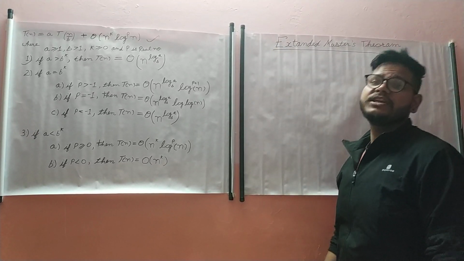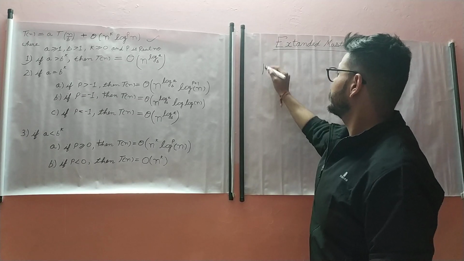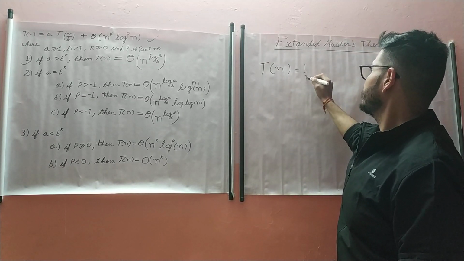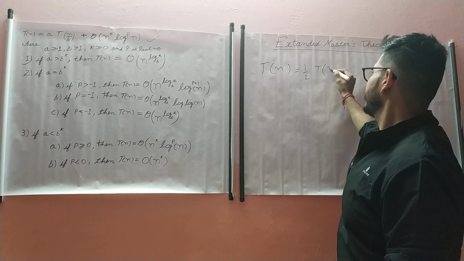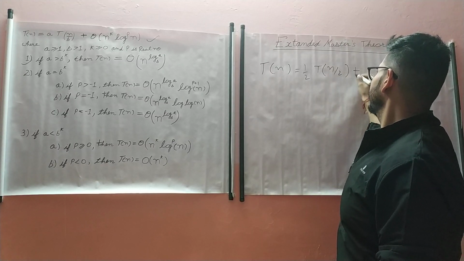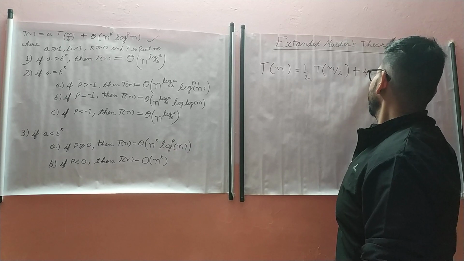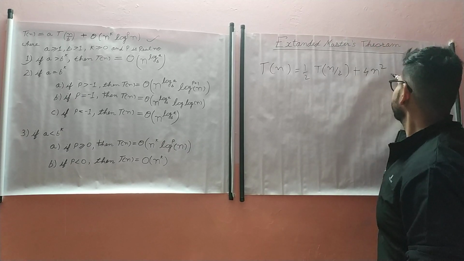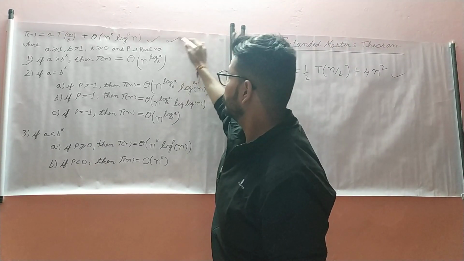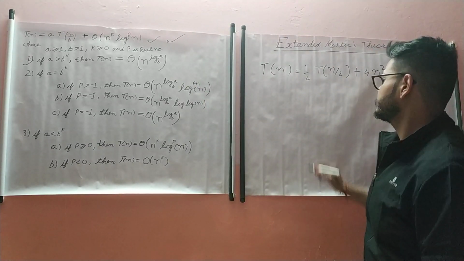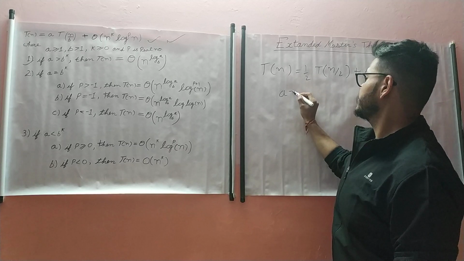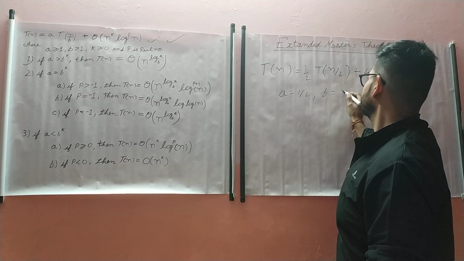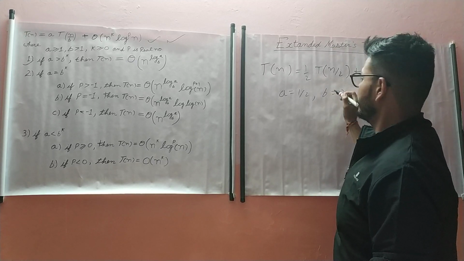So guys, let's see another example. T(n) = (1/2)T(n/2) + 4n^2. Now again compare this equation with the form. So we get a = 1/2, b = 2.